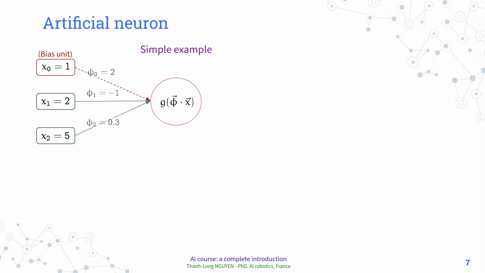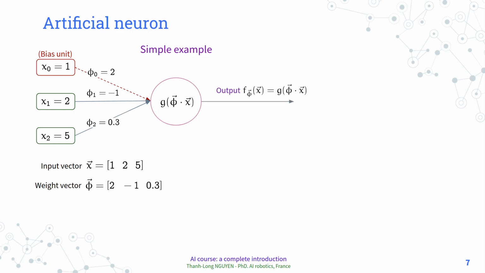Next, we suppose that the input weights are some values like this: phi0 equals 2, phi1 equals minus 1, and phi2 equals 0.3. So we have the input vector x consisting of 1, 2, and 5, and the weight vector phi consisting of 2, minus 1, and 0.3 respectively.